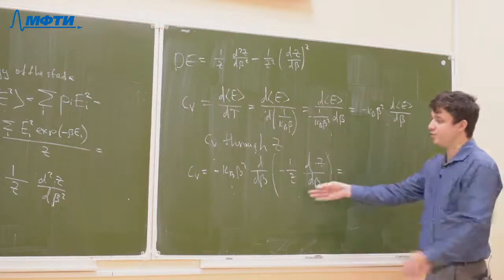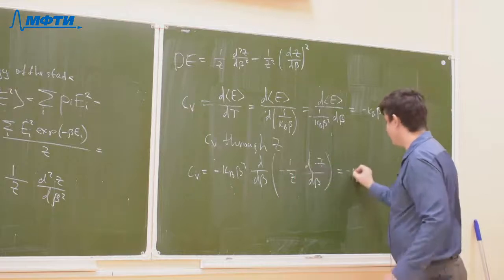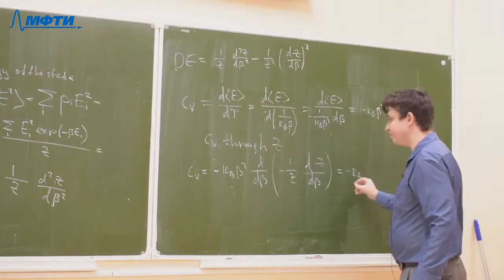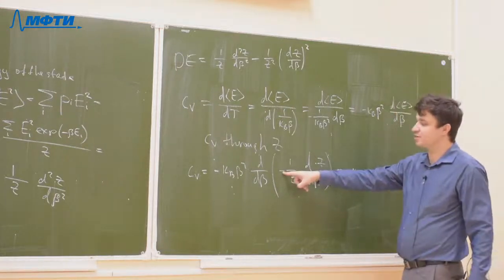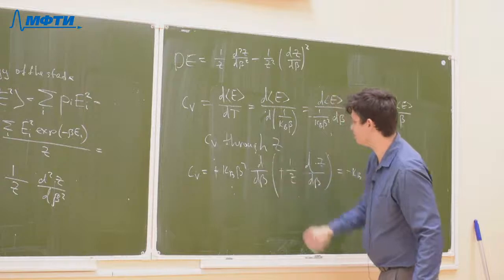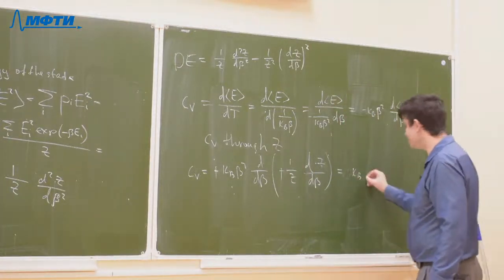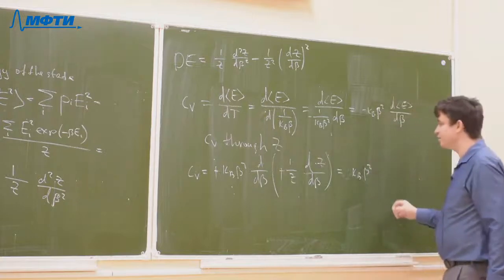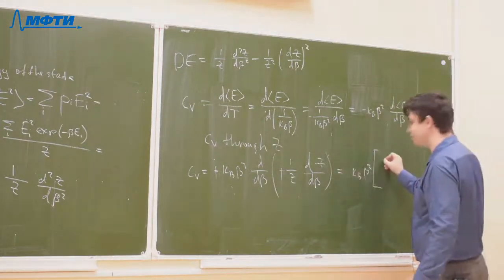I just expand this. Okay, this factor kB beta squared will always be with us. But first of all, we can take the minus out of here, and minus by minus gives us plus. So I can omit this minus here. This is the first step. And then I open a bracket and calculate the following.